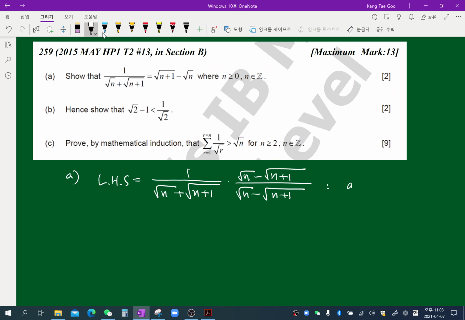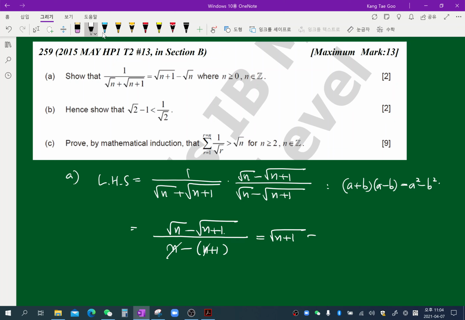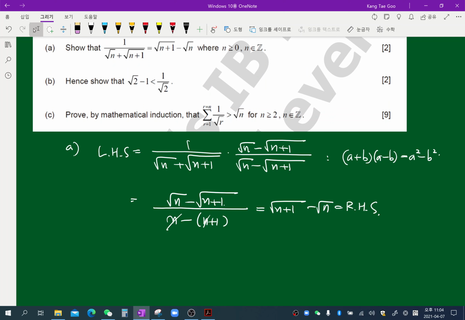By the formula a plus b times a minus b is a squared minus b squared, your bottom goes to n minus n plus 1. Your top goes to square root of n minus square root of n plus 1. Since your bottom is negative 1, the answer is square root of n plus 1 minus square root of n, which is your right hand side. So that is proven.